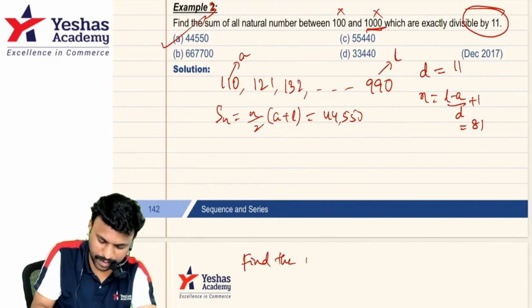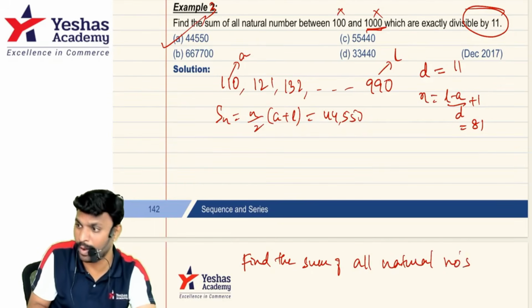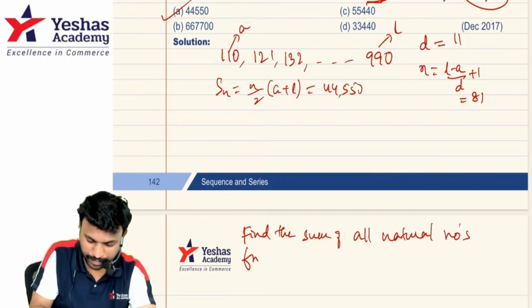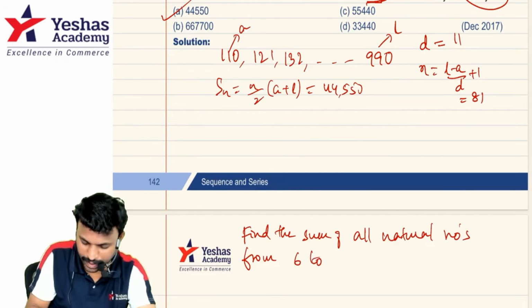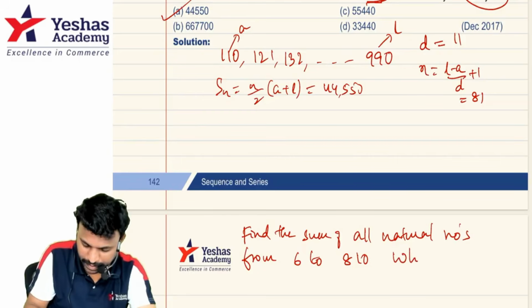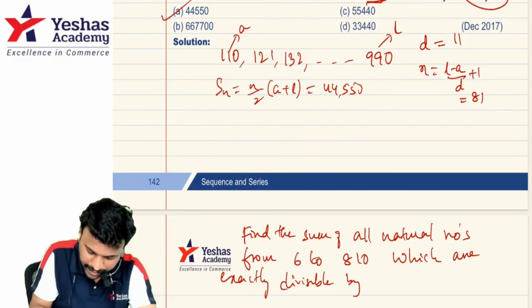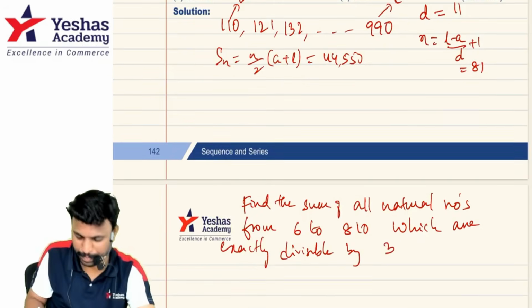Find the sum of all natural numbers from 6 to 810, which are exactly divisible by 3.